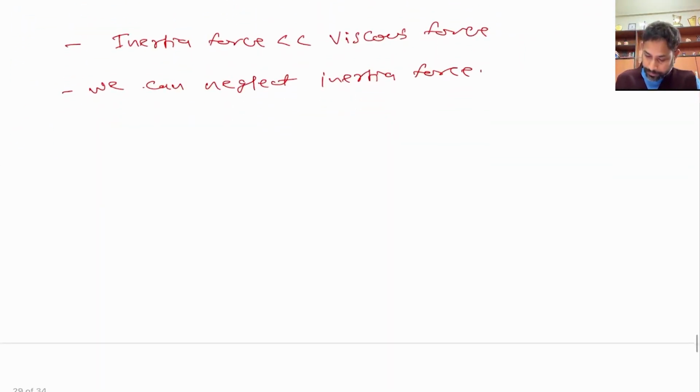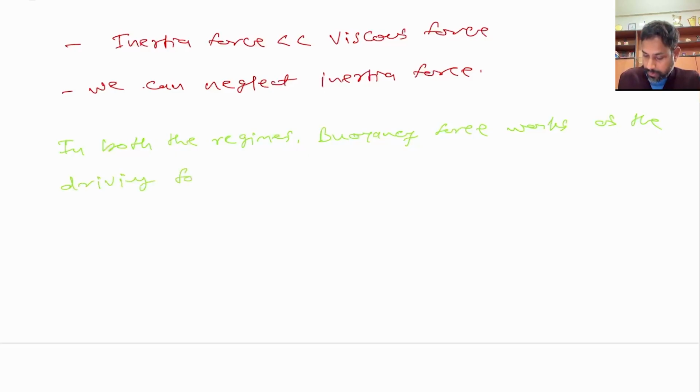So in both the regimes, buoyancy force works as the driving force for the gravity current, right? Because buoyancy force is coming because of the density difference, and the density difference remains between the gravity current and the ambient.